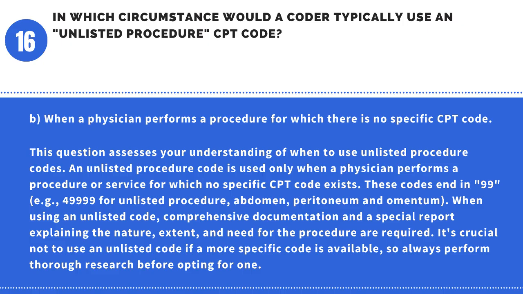These codes end in 99, e.g., 49999 for unlisted procedure, abdomen, peritoneum, and omentum. When using an unlisted code, comprehensive documentation and a special report explaining the nature, extent, and need for the procedure are required. It's crucial not to use an unlisted code if a more specific code is available, so always perform thorough research before opting for one.